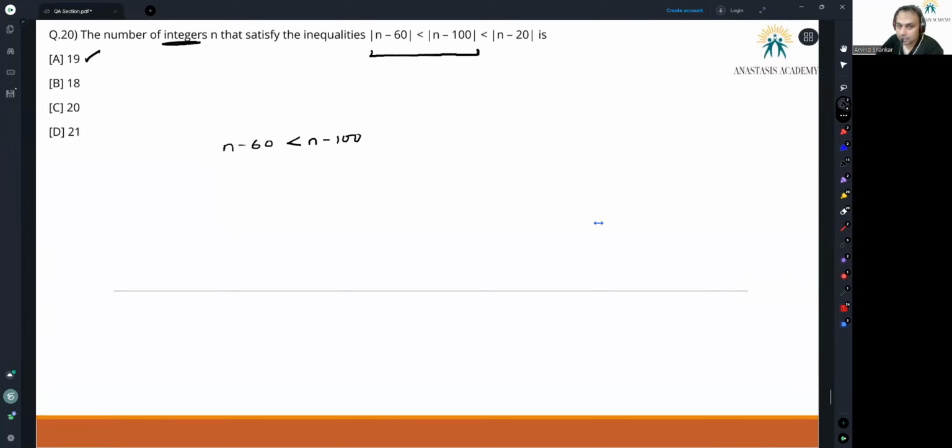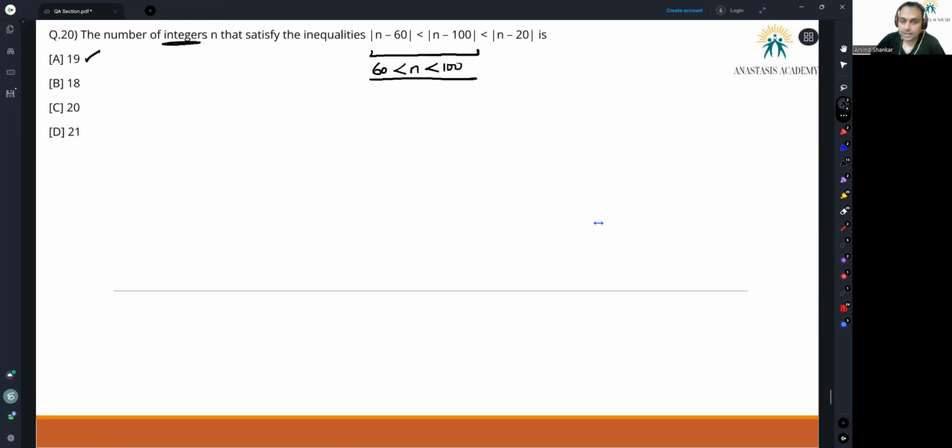ये काम चलेगा क्या? Can both of them be positive? If both of them were positive, would it work out? No. That is impossible, which means one of them is negative, one of them is positive. If one of them is negative and one of them is positive, can you see the value has to lie in the range 60 to 100? n has to lie in the range 60 to 100.